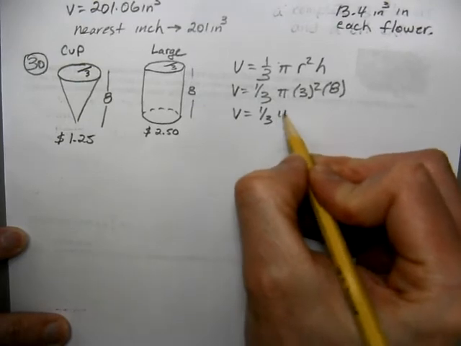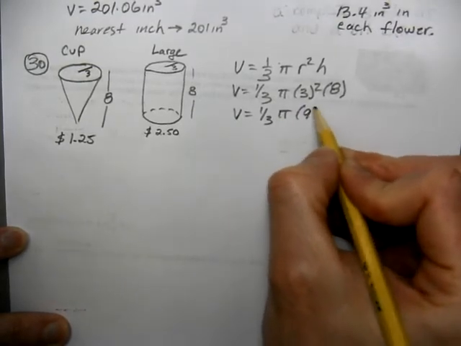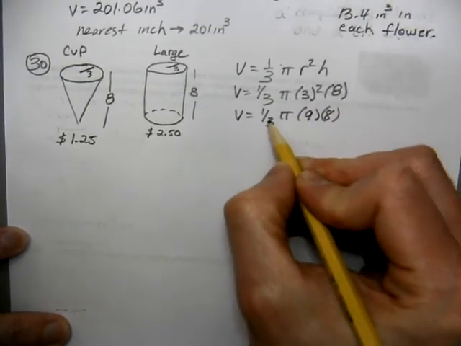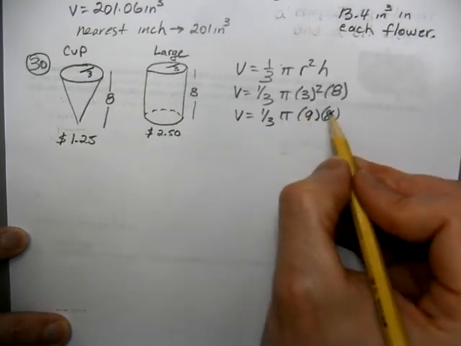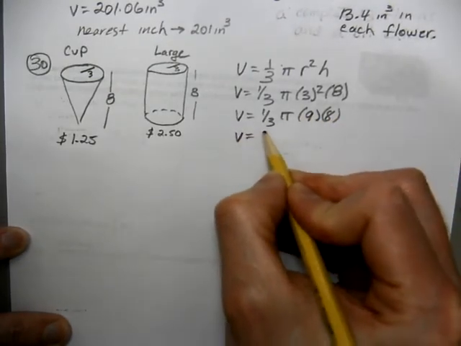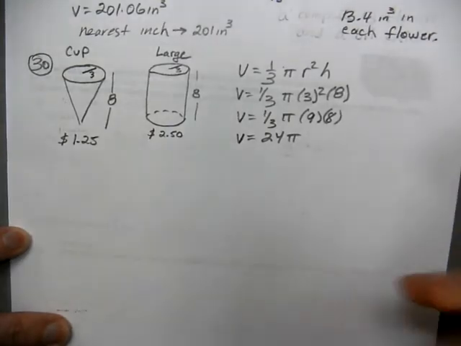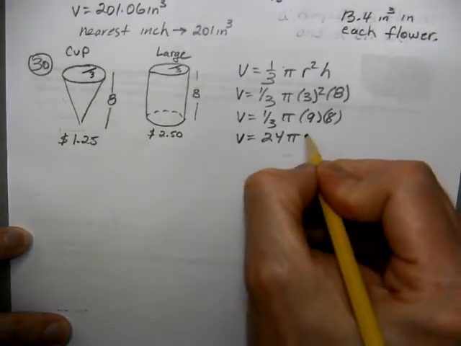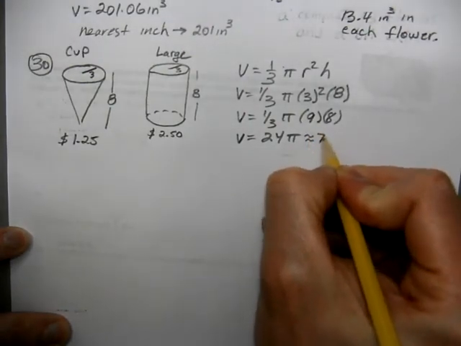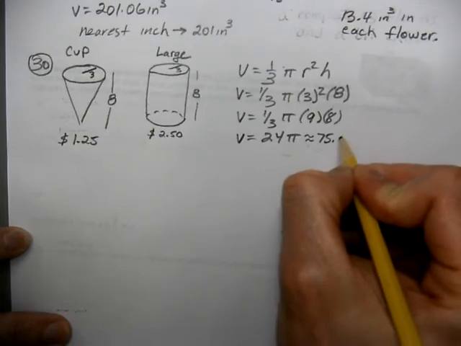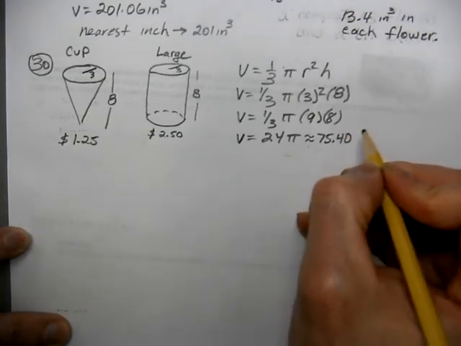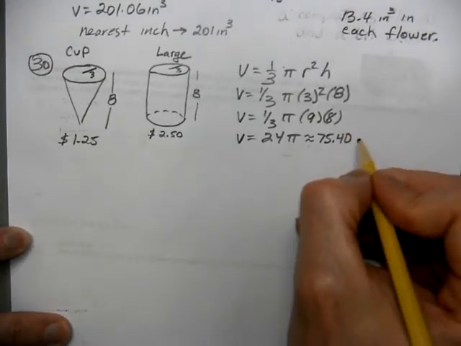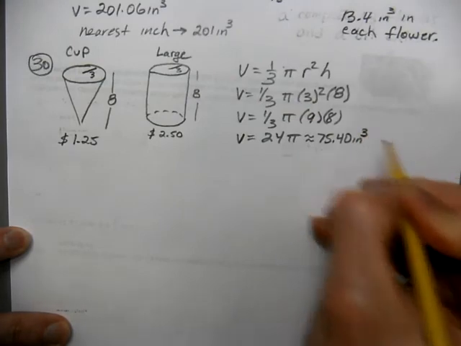So here we're going to do 1/3 pi, 9 times 8. 1/3 of 9 is 3. 3 times 8 is 24. 24 pi is our exact answer. When you multiply those together, you could approximate that to be 75.40, and these are inches cubed.